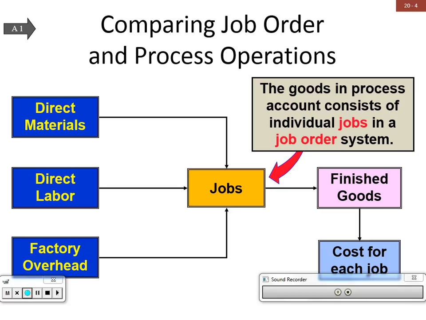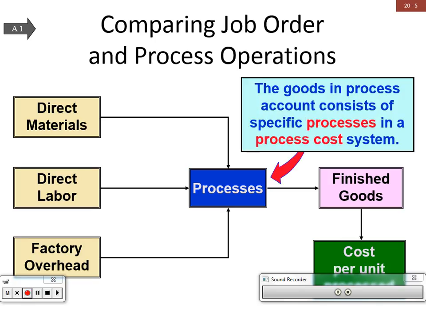So, how does it change or vary the way the process goes? We still account for these three costs of direct materials, direct labor, and factory overhead. In job order costing, we allocated all these costs to the actual jobs or job lots, and then for the finished goods, we would know how much it cost us for each one of those individual jobs versus a bunch of jobs or a job lot at one time.